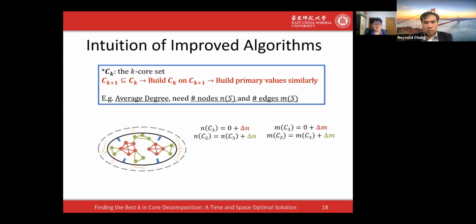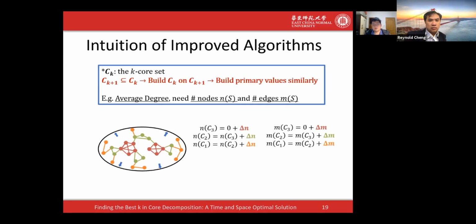We then add those green nodes and their contribution, the green delta, and we add the delta to the primary value of the 3-core set and get the primary value of the 2-core set. We do this again, and we compute the primary value of the 1-core set based on the 2-core set. And then with the primary value of every k-core set ready, we can compute average degree from it.